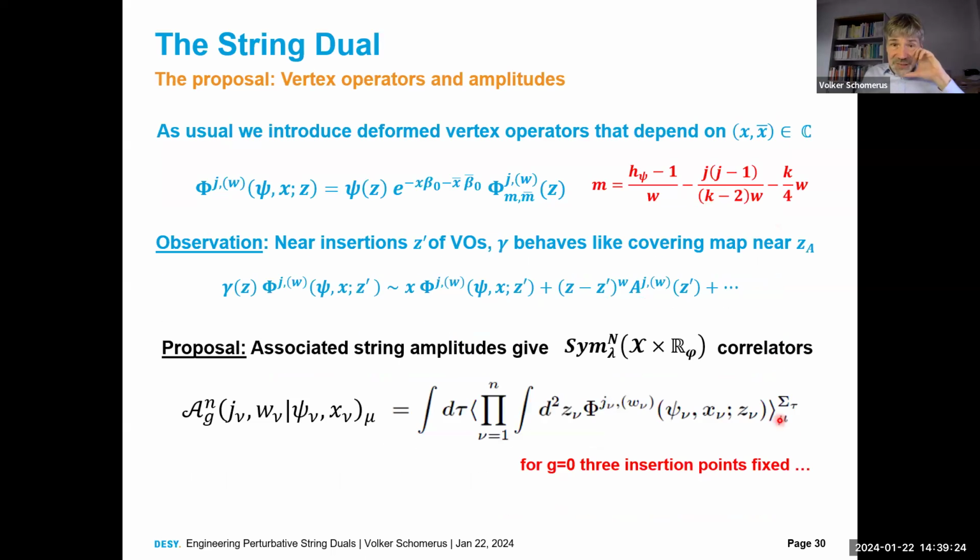And so now comes the proposal. As is common in this discussion, we now introduce these vertex operators. We deform them by a choice of x and x bar, which corresponds to the location on the 2-sphere of the orbifold theory.